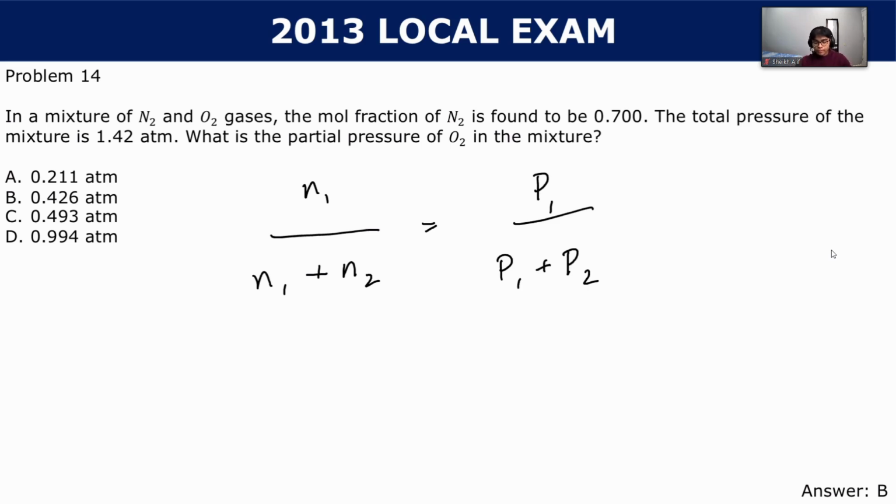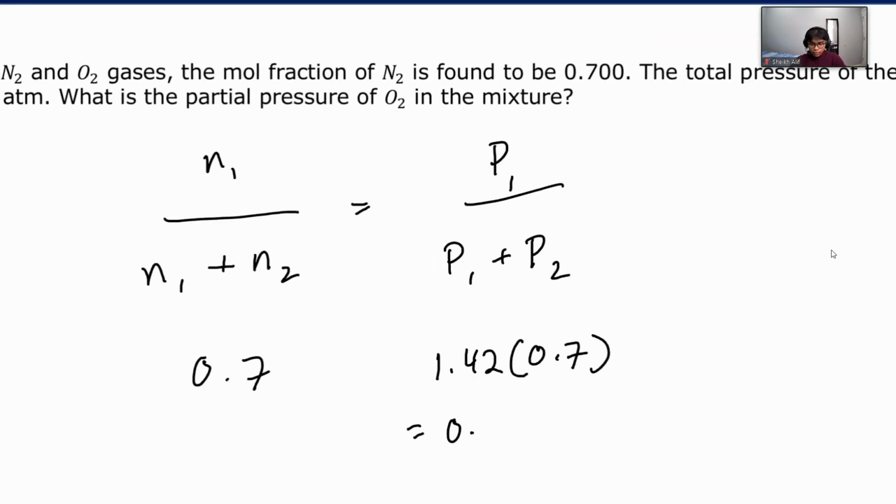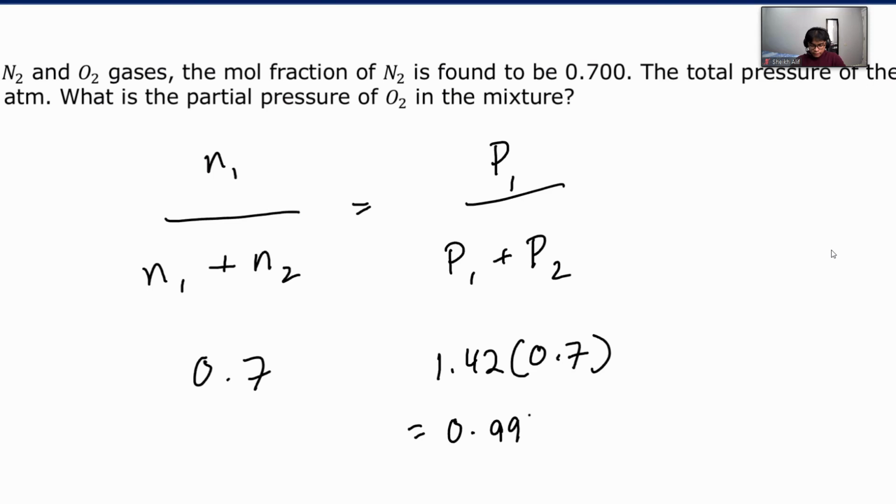So if we're told that the mole fraction of N2 is 0.7, that means the partial pressure fraction of N2 is going to be 0.7. And since we know that the total pressure is 1.42 and the fraction of nitrogen is 0.7, that means that the partial pressure of nitrogen is going to be 0.994. My bad about that.